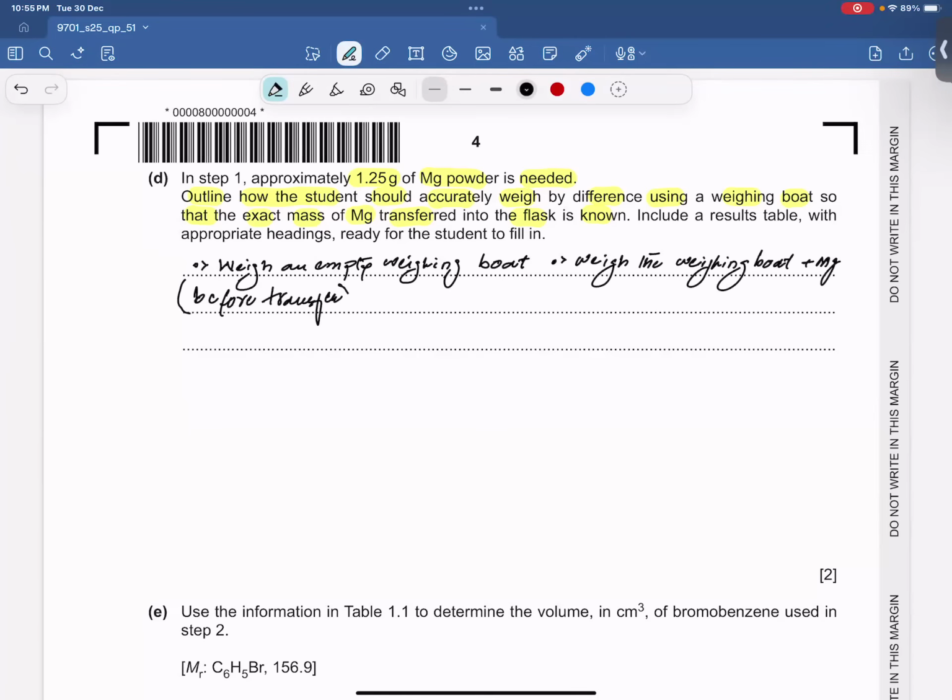Okay. The next is reweigh the weighing boat plus magnesium after the transfer. And last but not the least, mass of magnesium transferred.